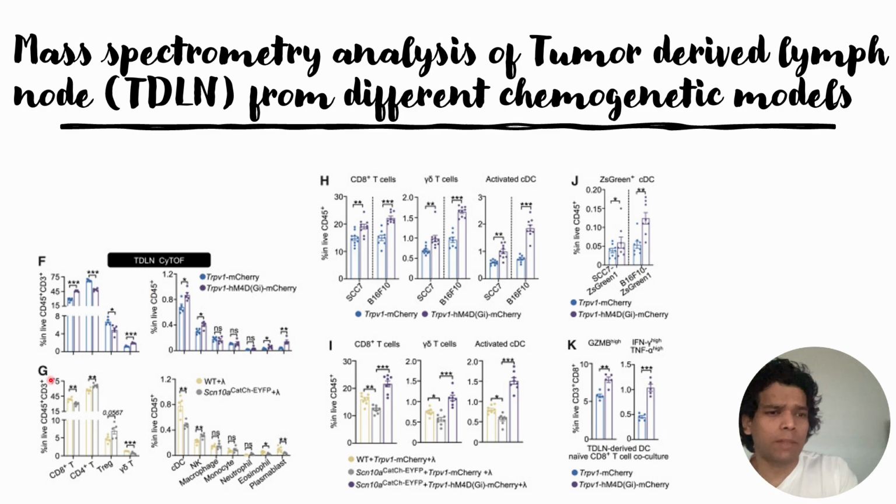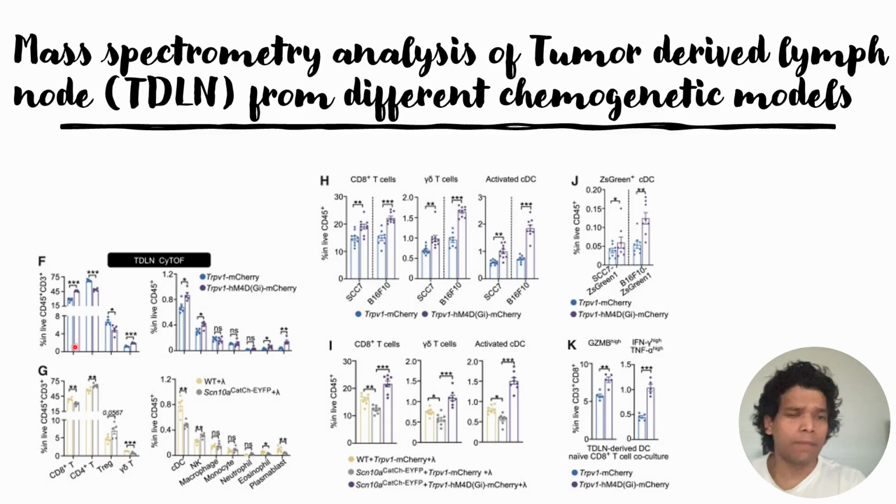So in the tumor suppression model, they have presented the results for the different immune cells. The immune cells that are important for our analysis are the CD8 plus T cells.